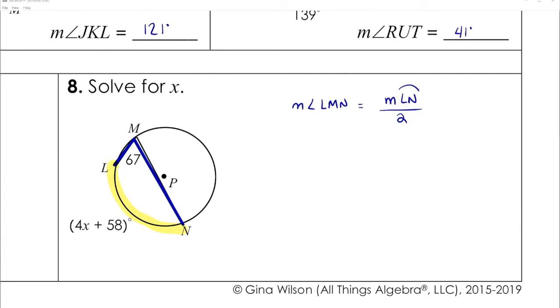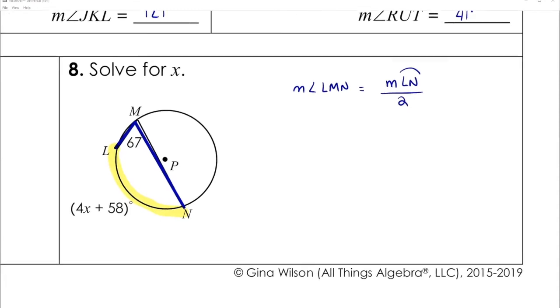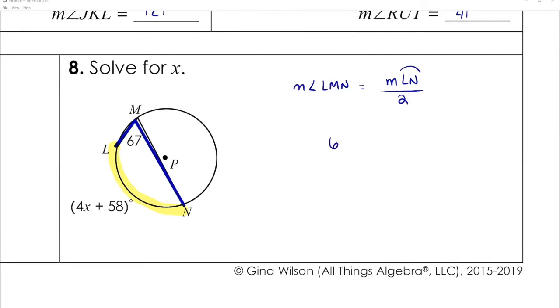Angle LMN is equal to arc LN divided by 2. So from here, we can substitute who we know is supposed to be there. So the measure of LMN is 67, and arc LN is 4x plus 58, of course, divided by 2.